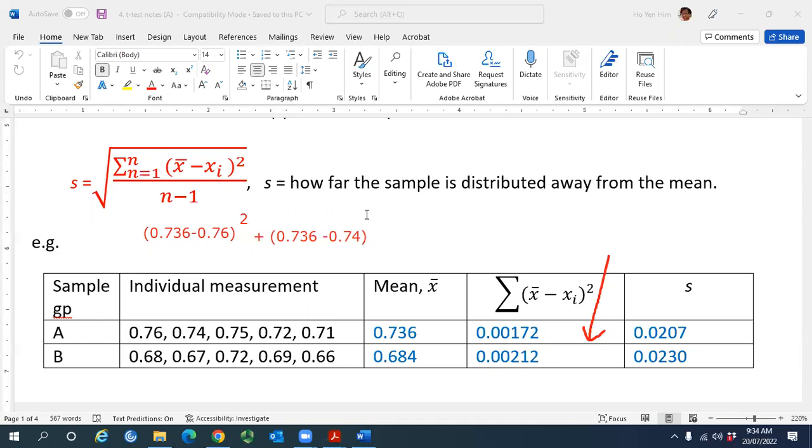Square it, plus 0.736 minus the third reading, 0.75. Square it, plus 0.736 minus the fourth reading, 0.72.